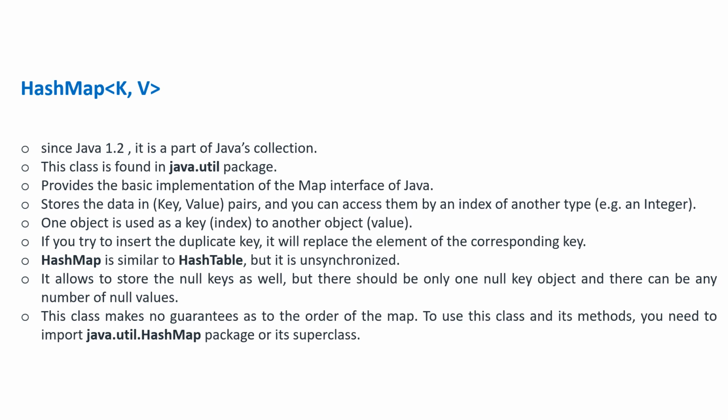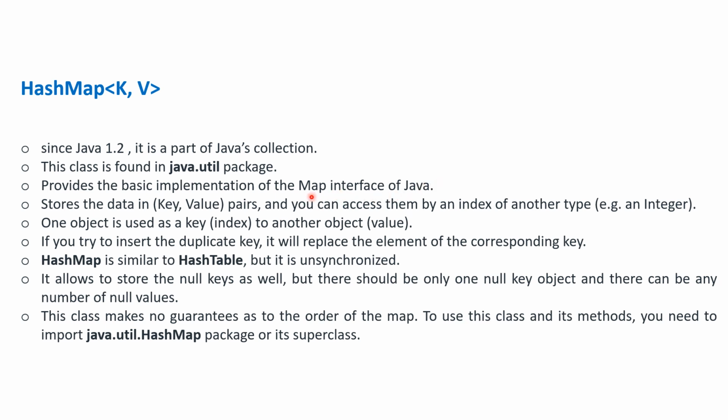So HashMap, we know, right? It will be a key-value pair. HashMap is actually part of Java's collections since version 1.2. This class is found in the java.util package, and it provides the basic implementation of the Map interface of Java.